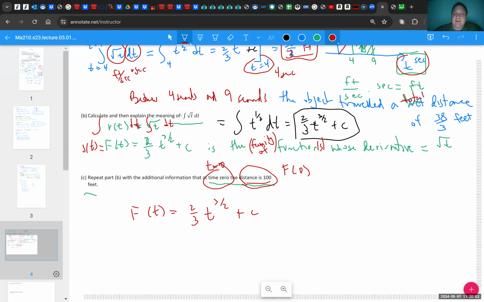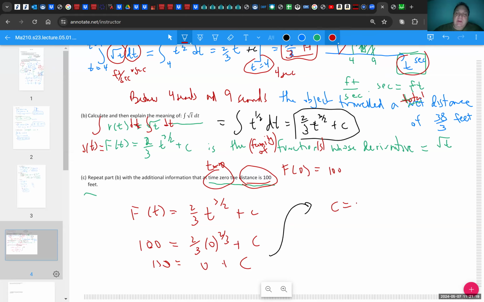So F(0) is equal to 100. So I can put 100 in here as long as I substitute the value of t as 0. And I can solve for c. This is all 0 here. So we get c, well, officially we get 0 plus c is equal to 100, but that just means that c is equal to 100.